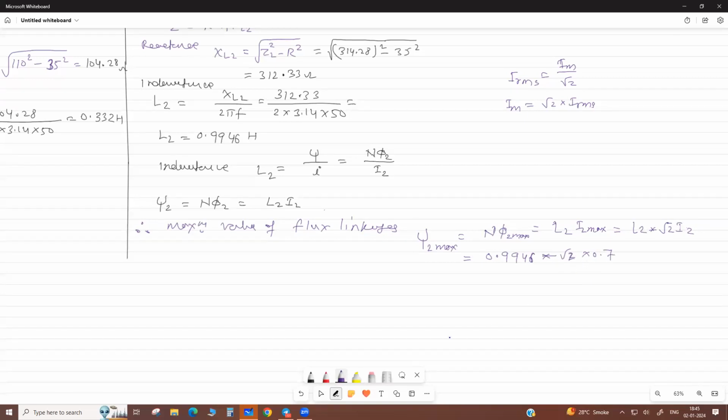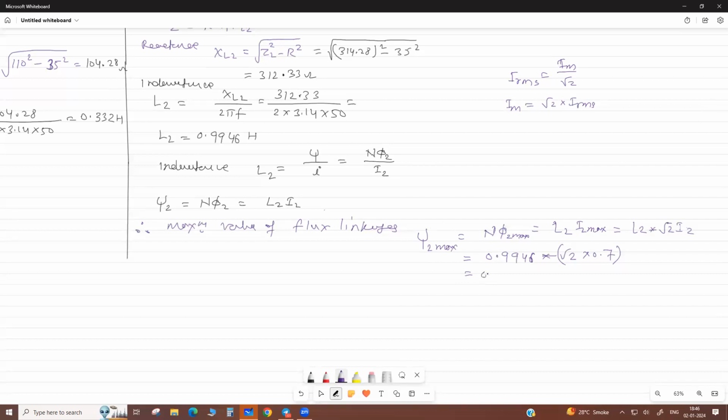Root 2 into 0.7. This will give you the maximum value and root 2. This is your peak value of this. So please, 99 into root 2 into 0.7.